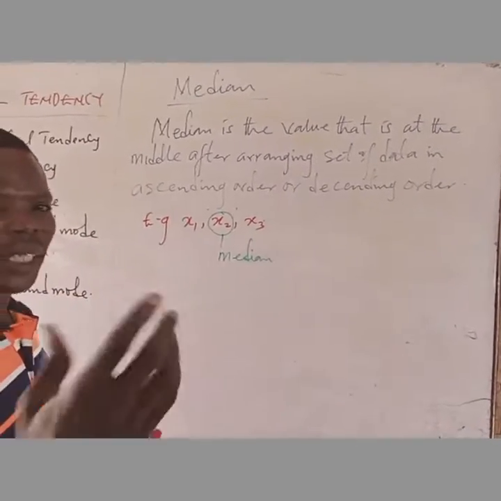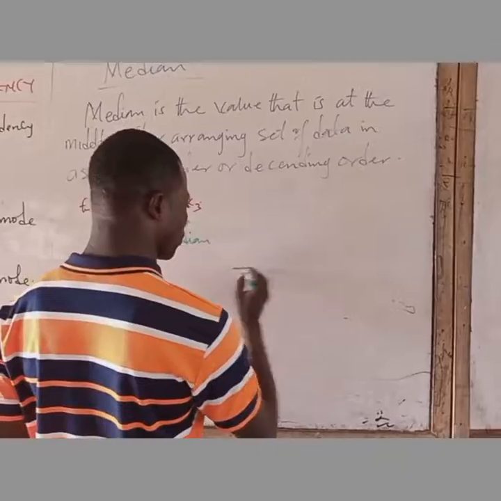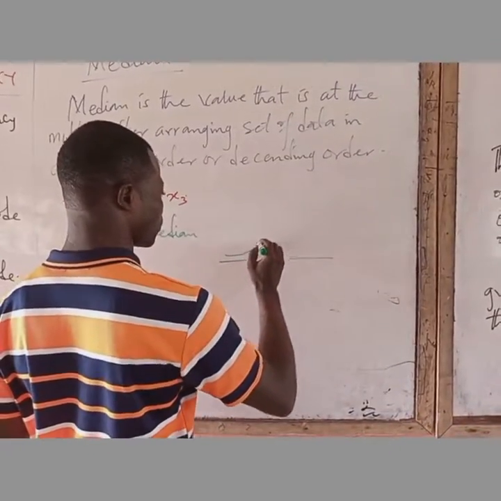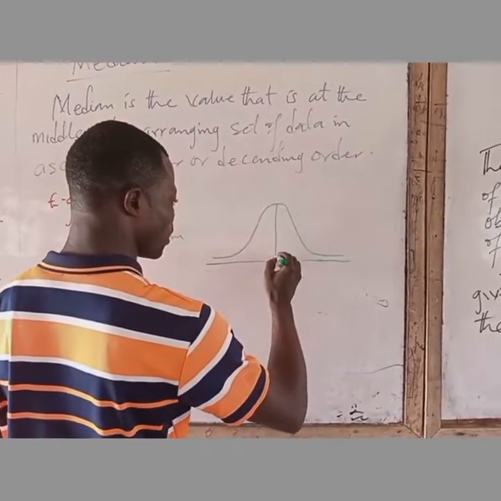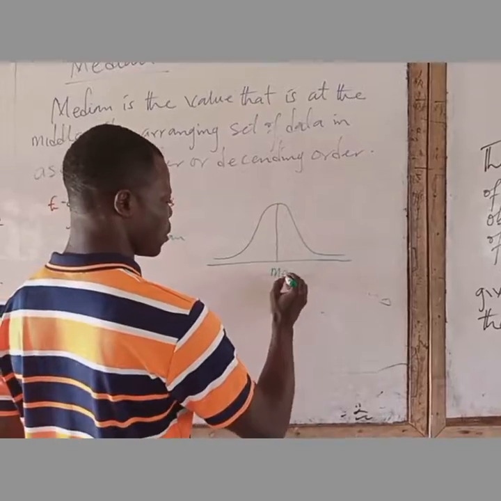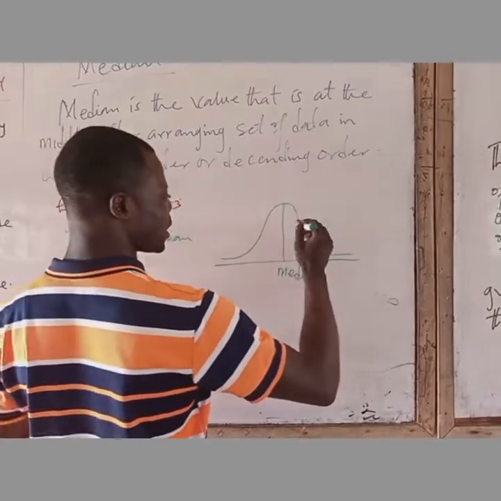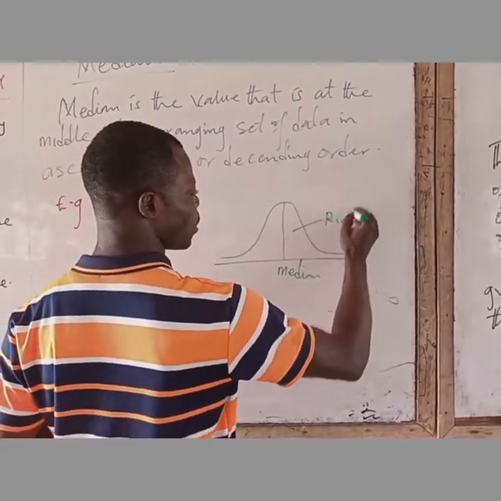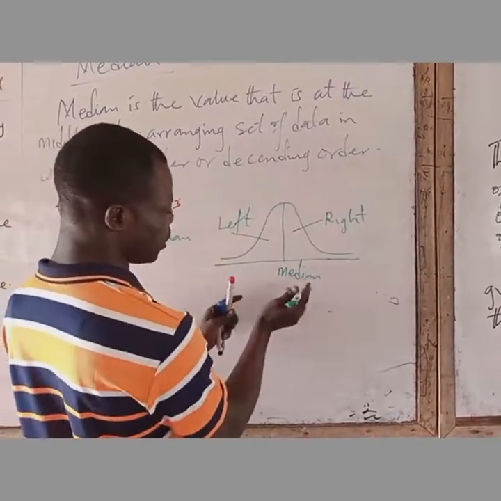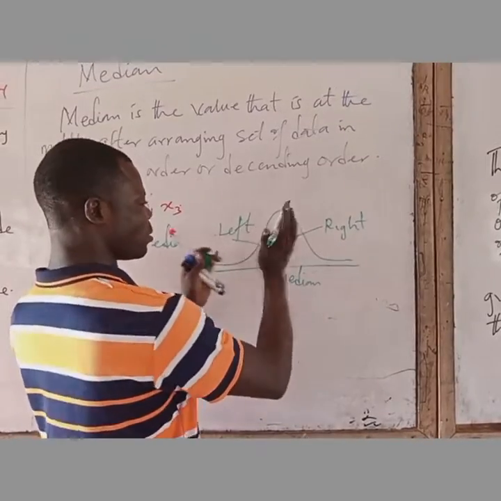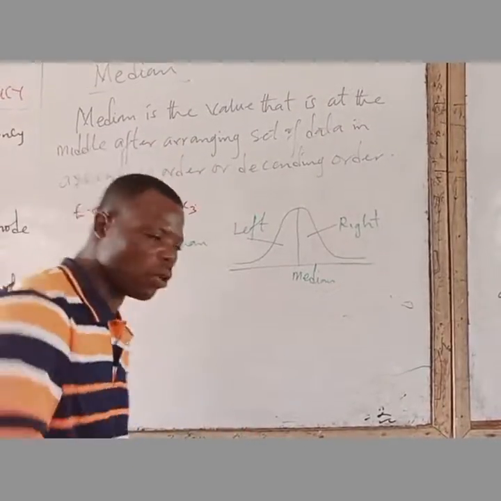Or in a distribution, if we move back to our graph, so here is our median. So it divides this right and this left. So this median divides the right and the left of the distribution, or the higher part and the lower part.